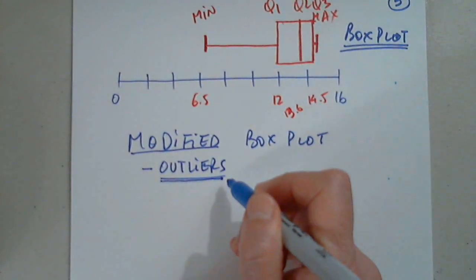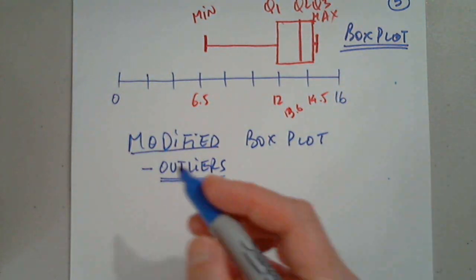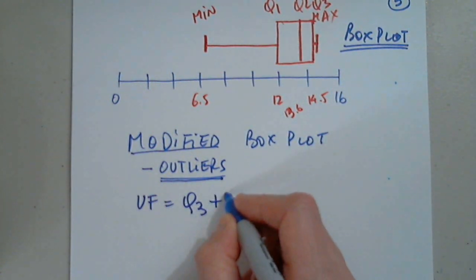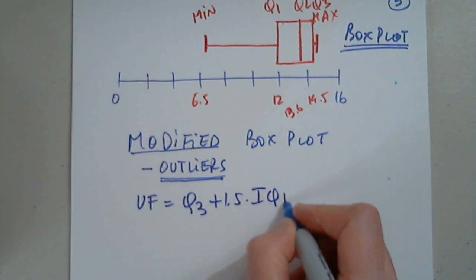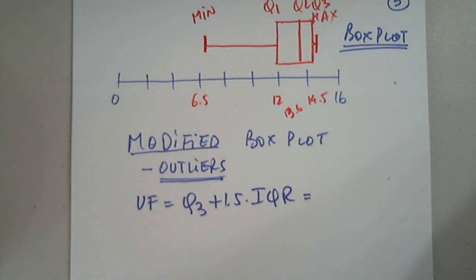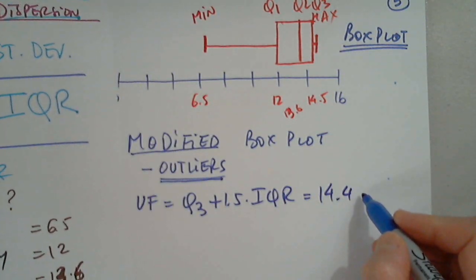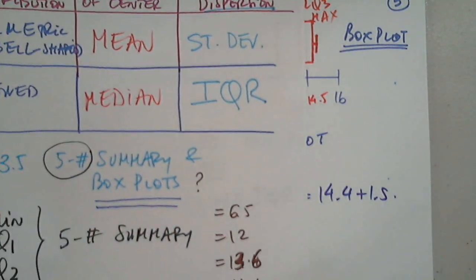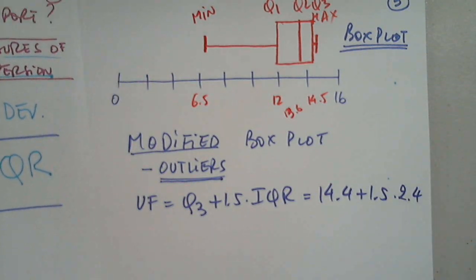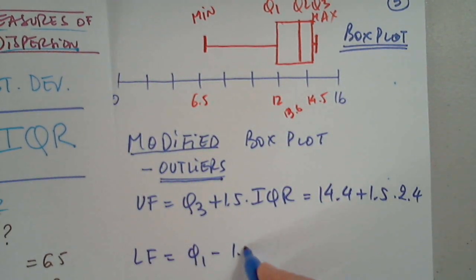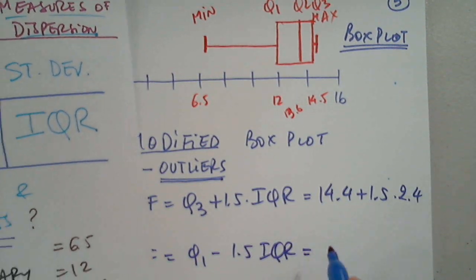Okay, so how do I determine the outliers? As we know, I have to find the upper fence, which is Q3 plus 1.5 times the interquartile range. In our case, Q3 was 14.4, plus 1.5 times 2.4. And the lower fence is Q1 minus 1.5 times the interquartile range.